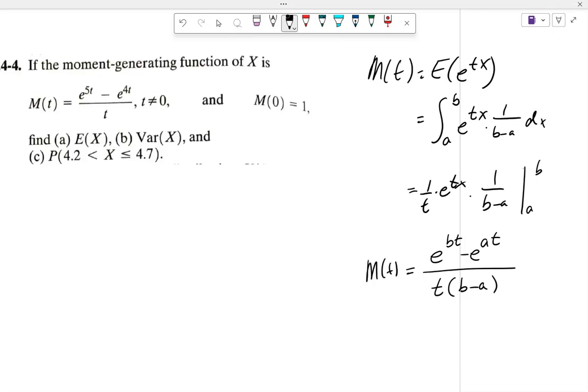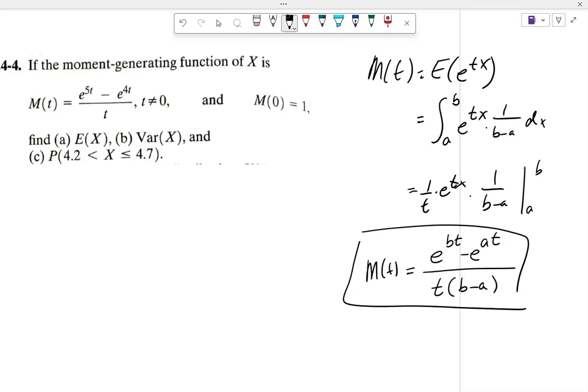So there is your moment generating function for a uniform random variable on the interval from A to B. There is a slight technical thing that we have to worry about here. Remember, I told you back when we started doing moment generating functions, they're only useful if you know that it's defined in an interval around 0. The way I have this written, is it defined at 0?